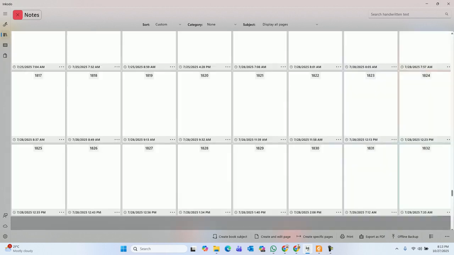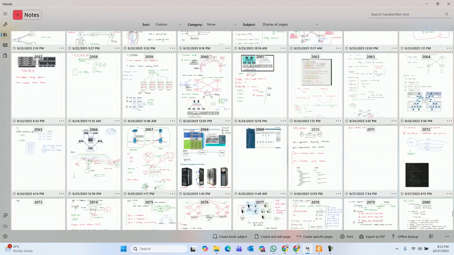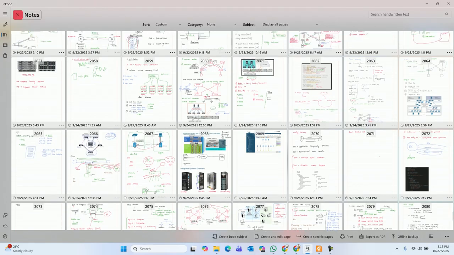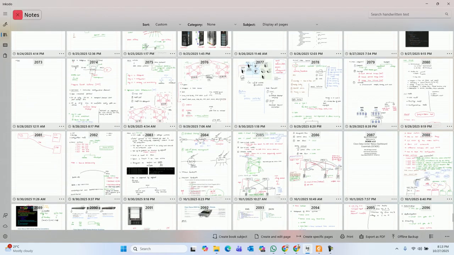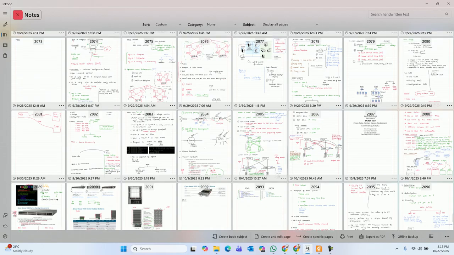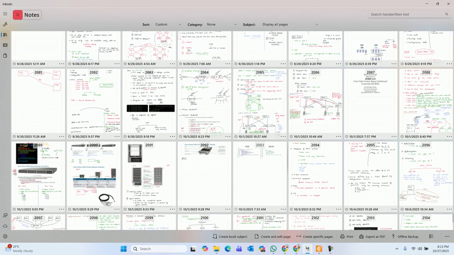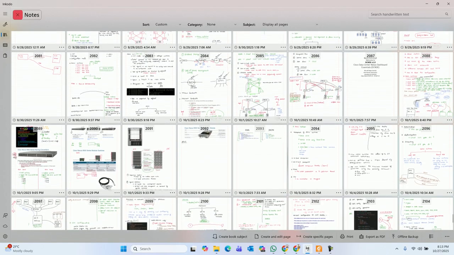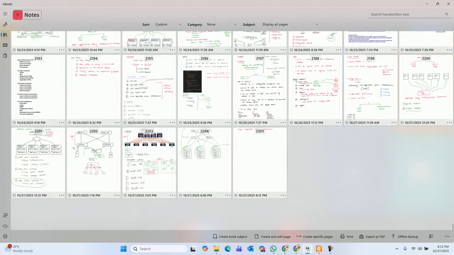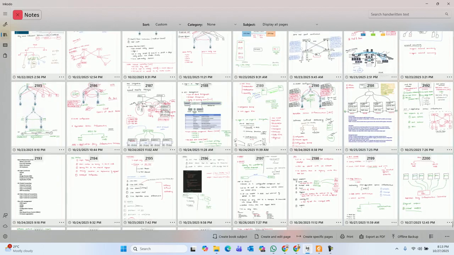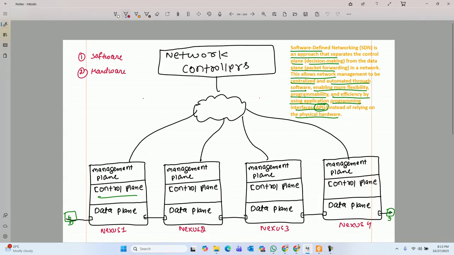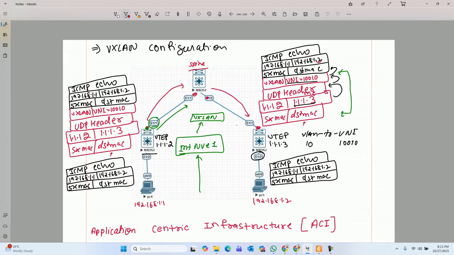So in the previous session, yes. In the last class, we have discussed VXLAN configuration.